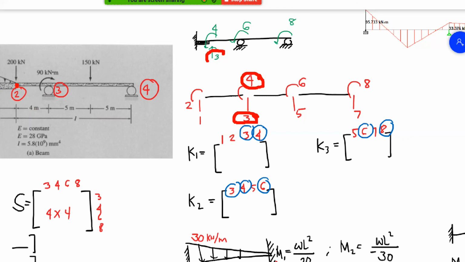This is the drawing corresponding to the degrees of freedom, or the unknown displacements that we need to get.